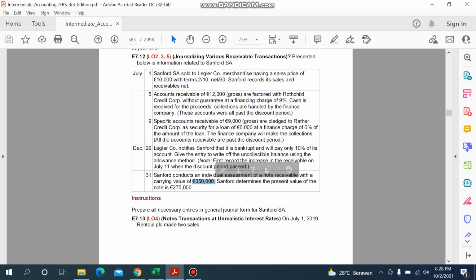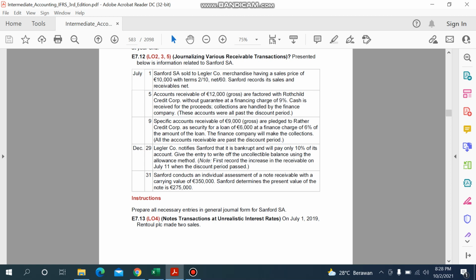However, at the end of the year, when Stanford calculates the present value of the note, it is only 275,000. So remember conservatism. We must choose the method that is least likely to overstate net income and assets.